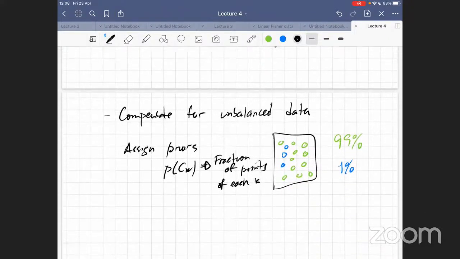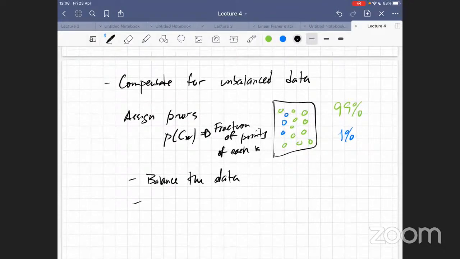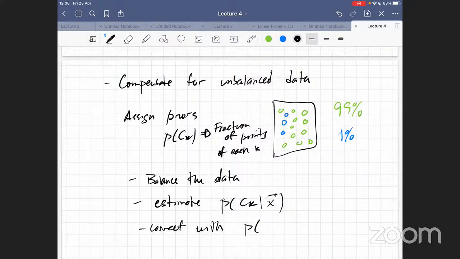And then the strategy is, first, you balance the data artificially, then estimate the objects you are after, and then correct with the priors.